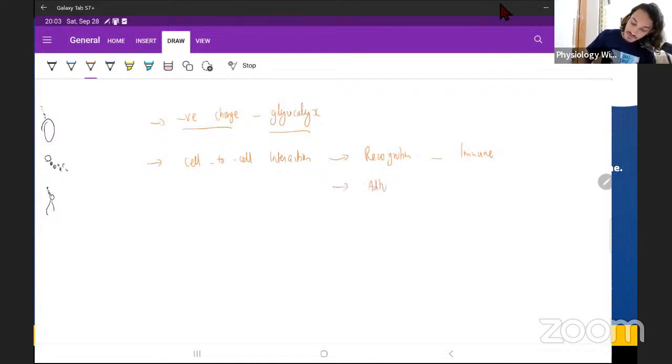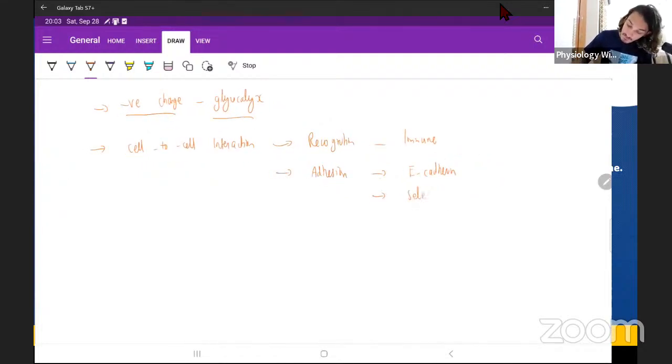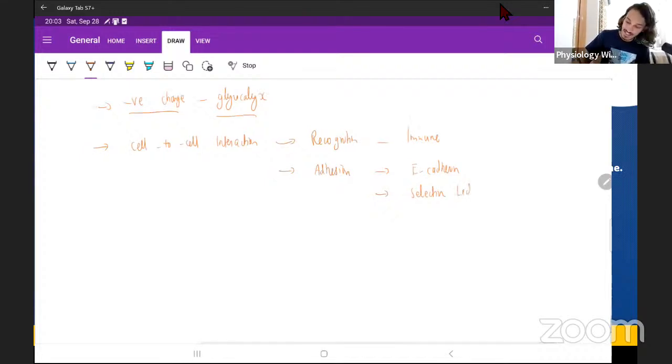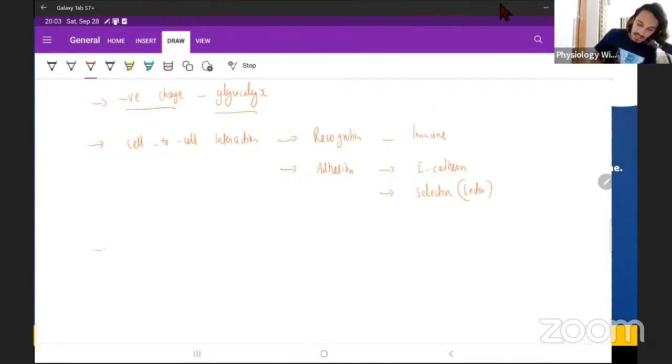Also, in terms of adhesion, there are certain things like E-cadherin and selectins. These components help in adhesion, especially this thing called lectin. Okay, so recognition, adhesion, negatively charged components. There's some bit of receptor activity in some of them, for either hormonal or immune signals as well.